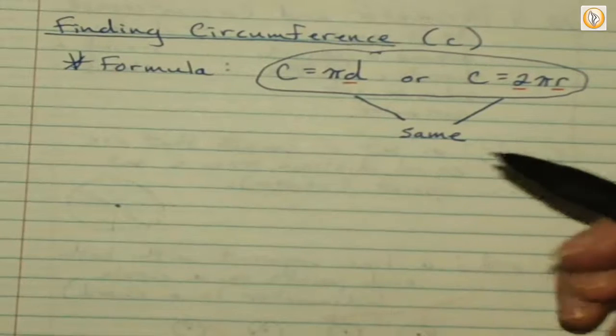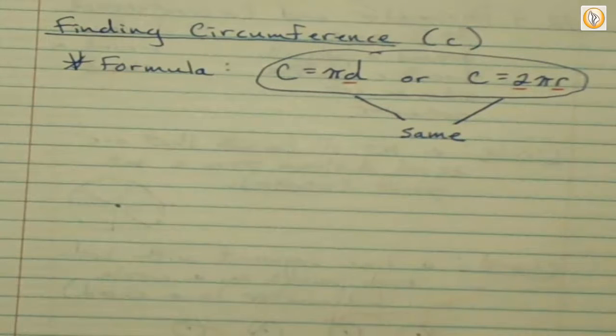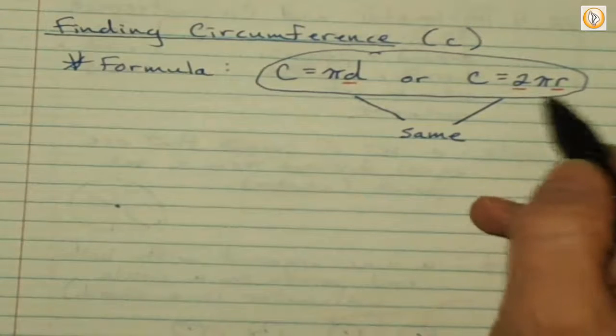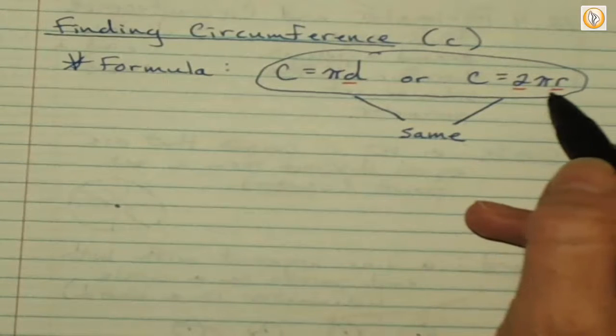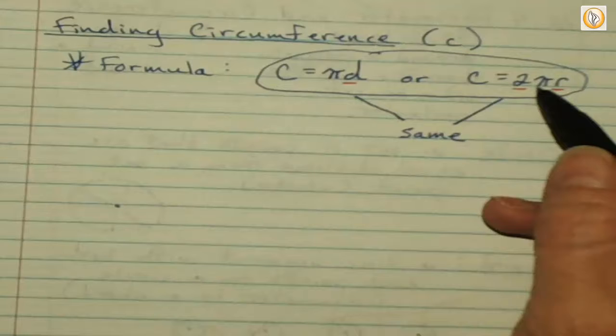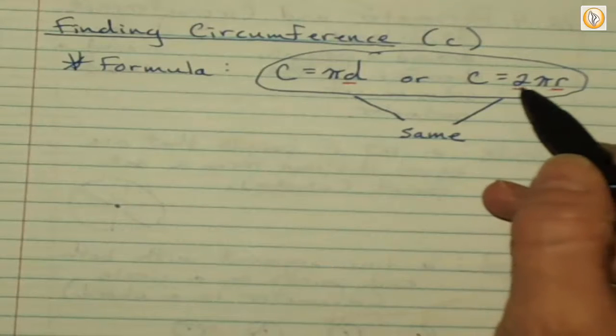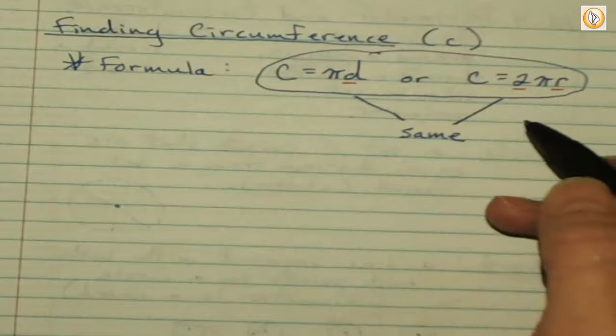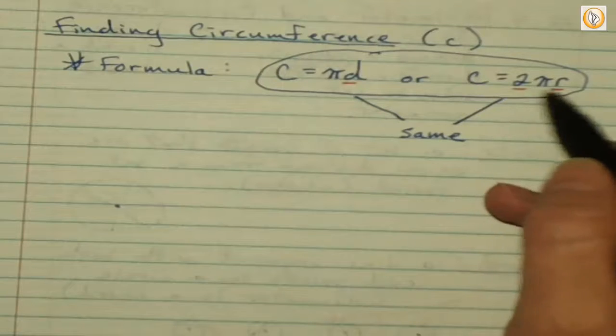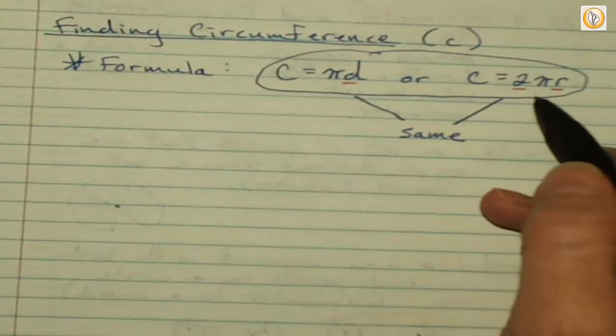I have a question. Can you do pi times 2 or 2, like pi times? Oh yeah, they're all being multiplied, so it doesn't matter what order. In fact, I would do pi times 2 times r, probably. But anyway, it doesn't matter what order, because it's all being multiplied.